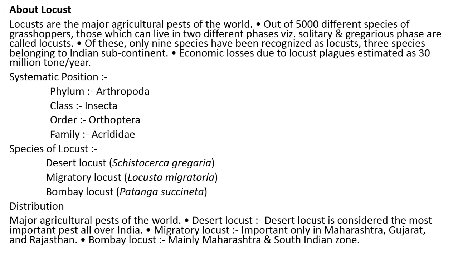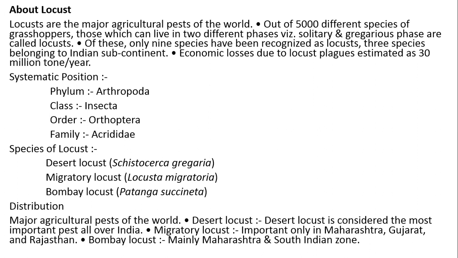Locusts are the major agricultural pest of the world. Out of 5,000 species of grasshoppers, those which can live in two different phases, solitary and gregarious phases, are called locusts.